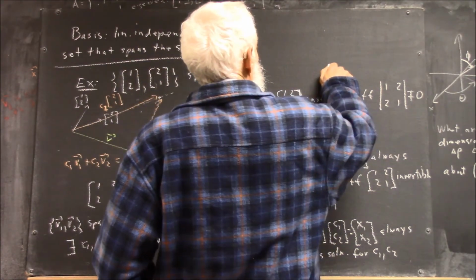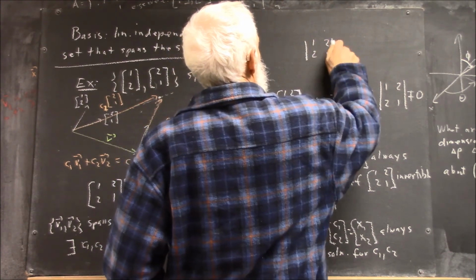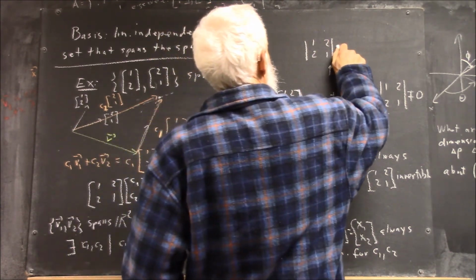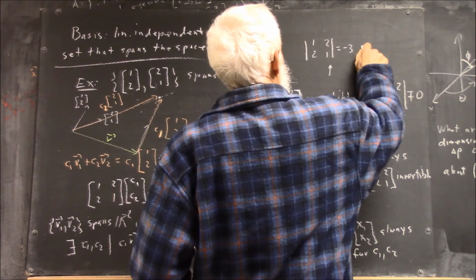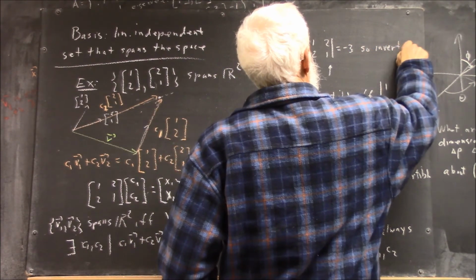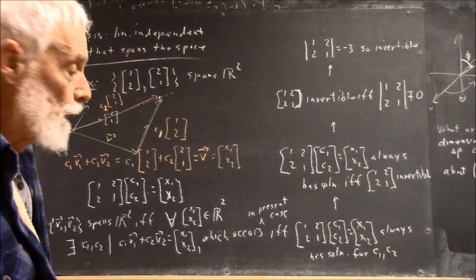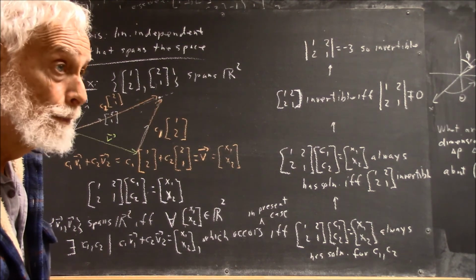So the determinant we have here, the determinant's negative 3, which isn't 0, so it's invertible.